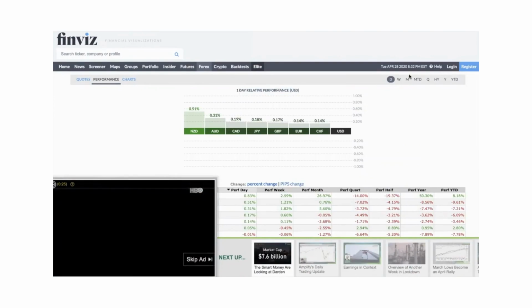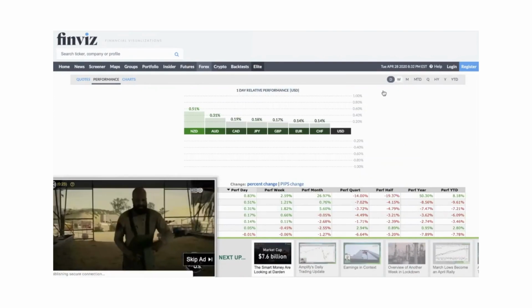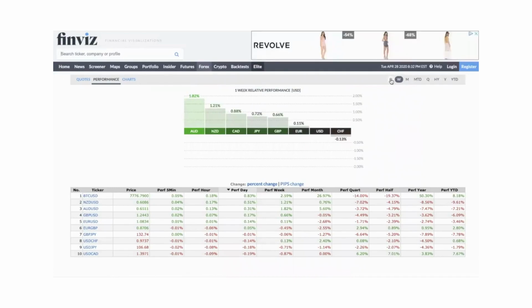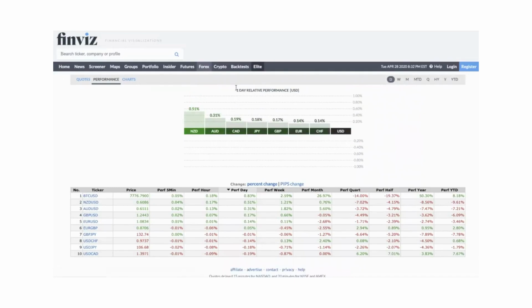You have the option to change to the weekly and monthly. You actually want to look at the weekly, and I'll explain why later. But before that, let me explain what this is. This is measuring the relative performance of the USD in percentage terms.